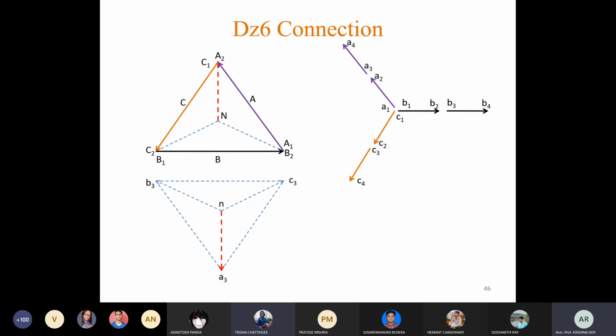Now we have the three output terminals, so we can draw the three phasors. Here this phasor will be B4 B3. At this point it will be B3 B4, this one parallel to this side will be C4, and this one parallel to this side will be A4. So in this way we can draw.